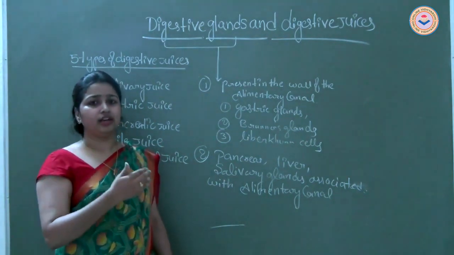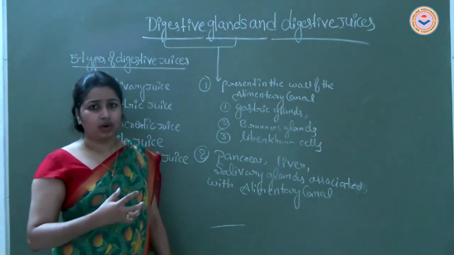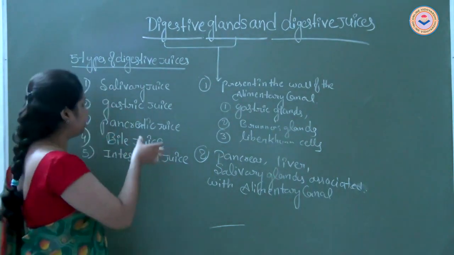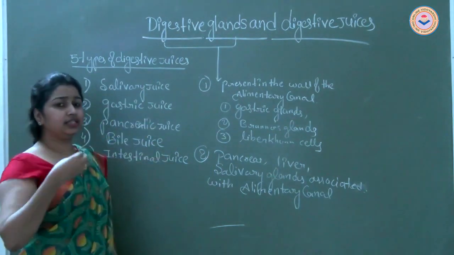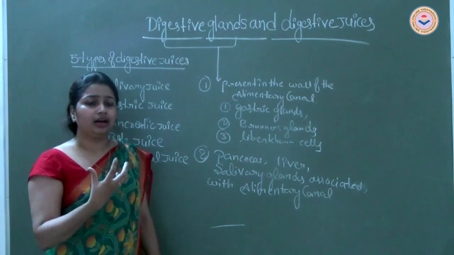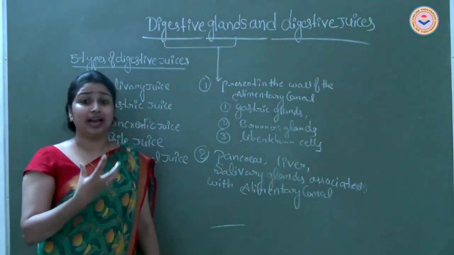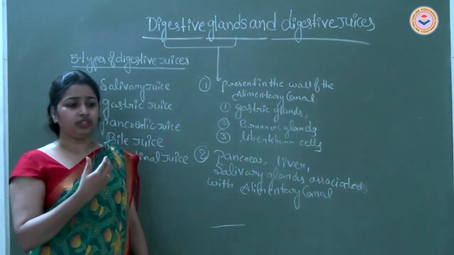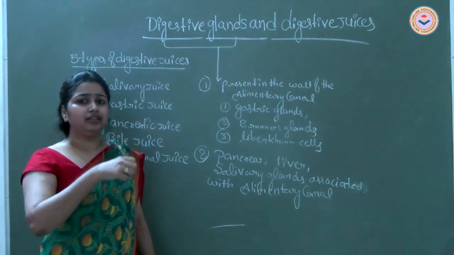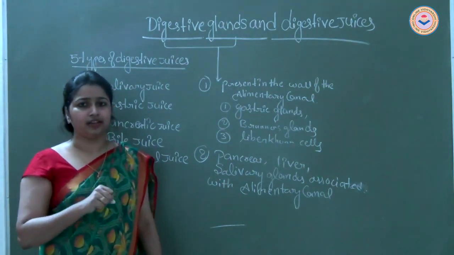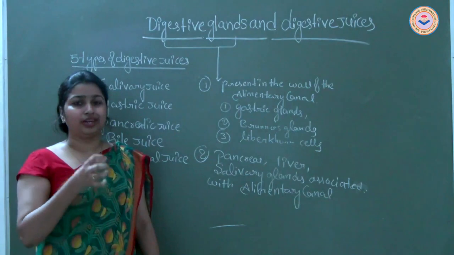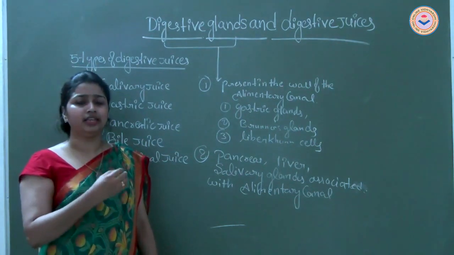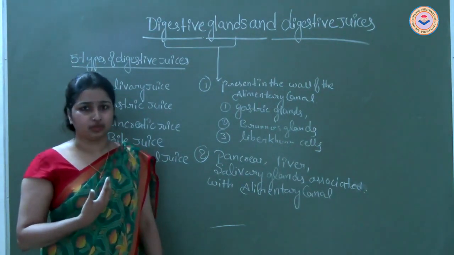In this way the digestion is completed. For example, salivary juice consists mainly of amylase and ptyalin enzymes, which help in the hydrolysis of carbohydrates. About 30% of carbohydrates are converted into disaccharides.